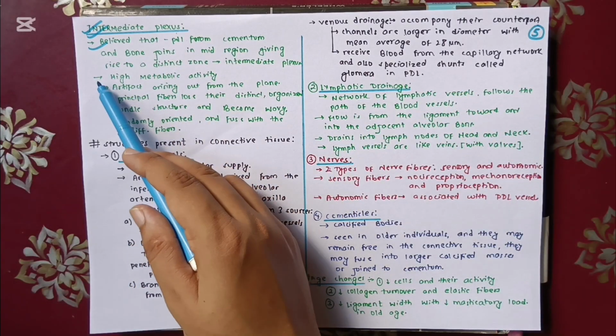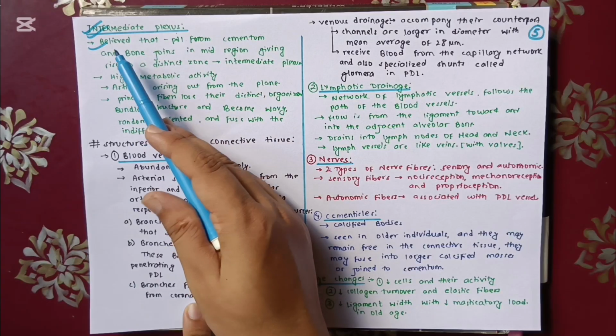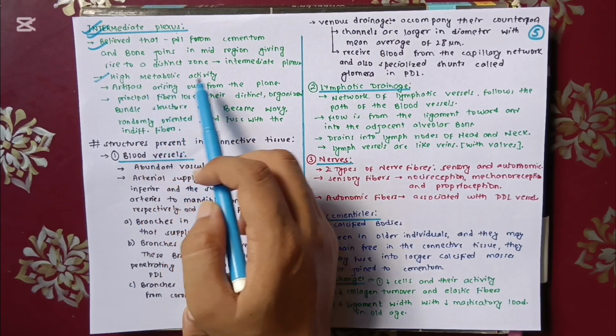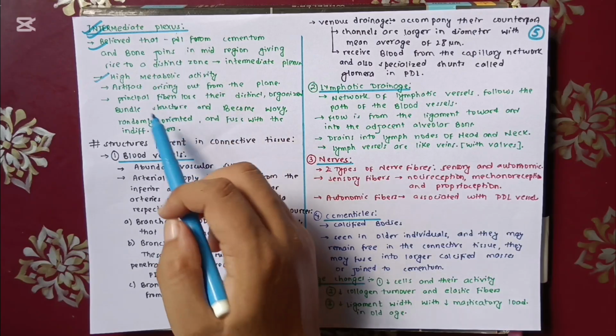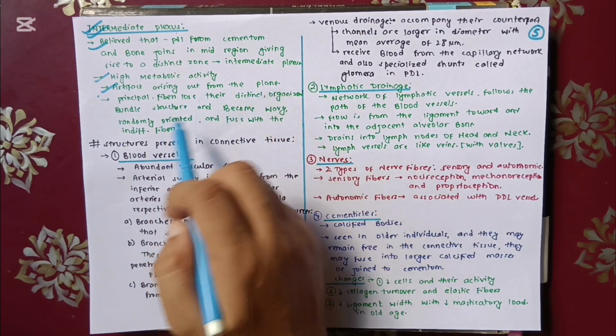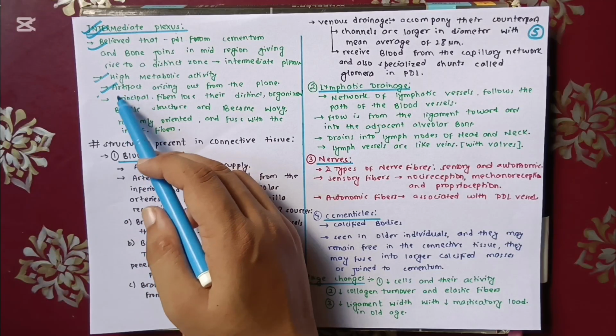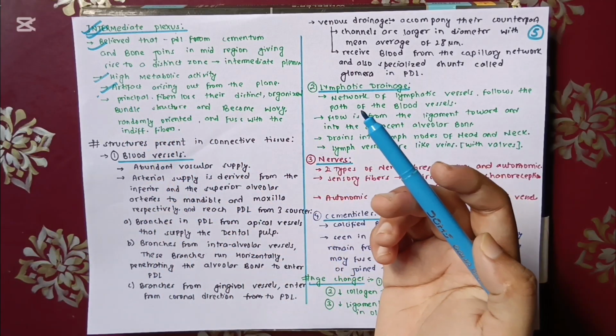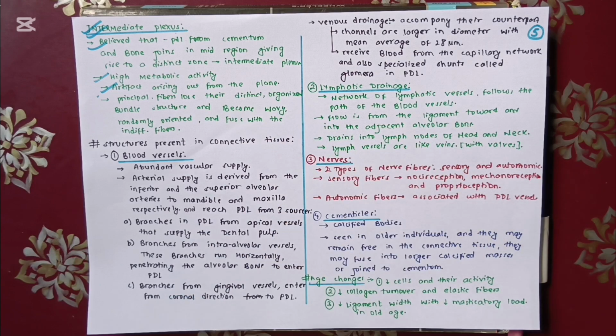After that, another important point of this intermediate plexus is that it is highly metabolic. High metabolic activity is present in this plexus region, and there are also artifacts arising out of the plane. Some of the authors tell that this is an artifact, similar to the indifferent fiber plexus, as we have discussed.